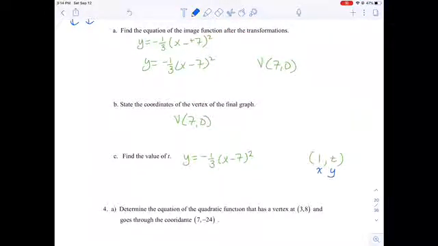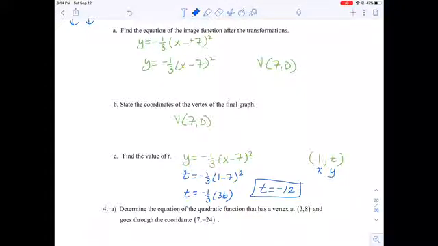So I want to sub in, instead of y, I'm solving for t. Negative 1/3 times (1 minus 7) all squared, and then of course t is simply negative 1/3 times negative 6 squared, which is 36, and 1/3 of 36 negative, that's negative 12. So t is negative 12.